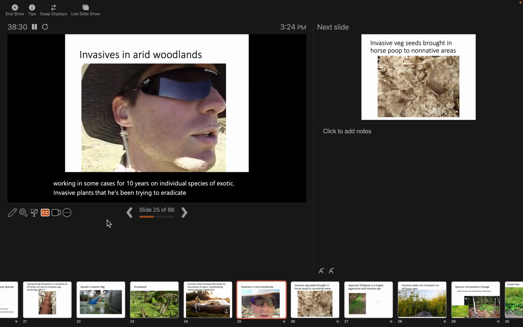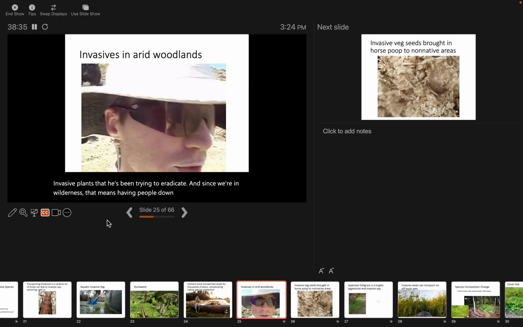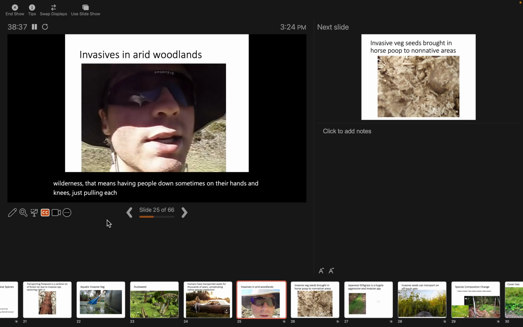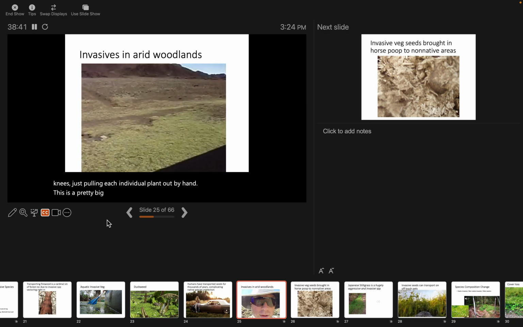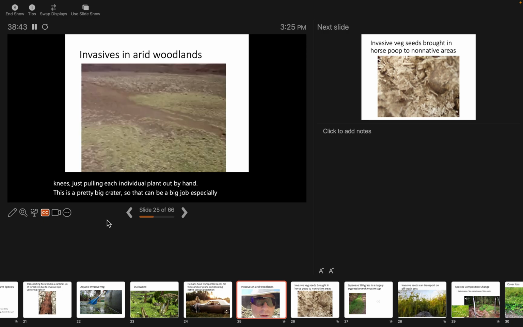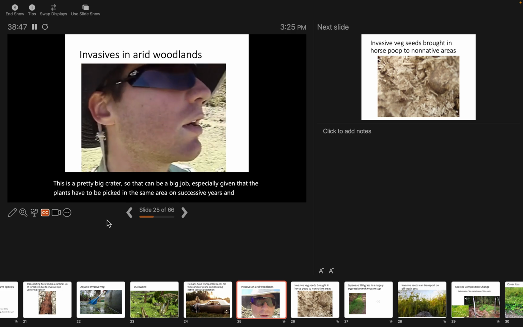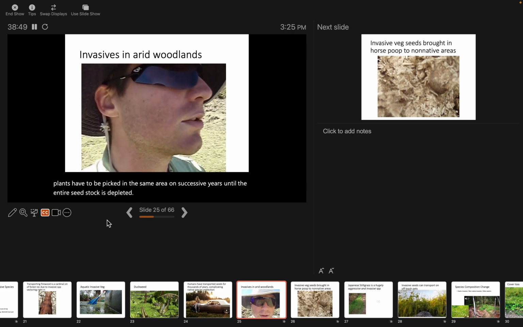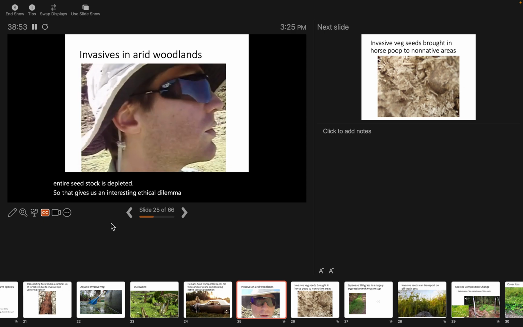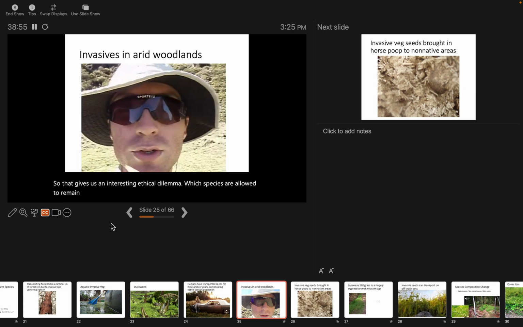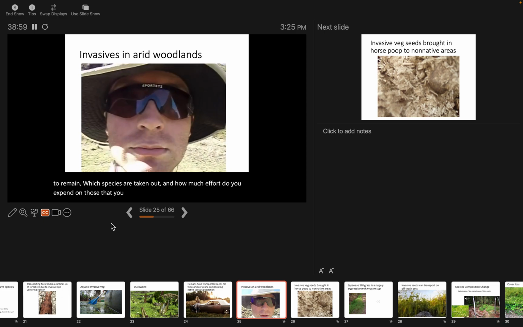And since we're in wilderness, that means having people down sometimes on their hands and knees just pulling each individual plant out by hand. And this is a pretty big crater, so that can be a big job, especially given that the plants have to be picked in the same area on successive years until the entire seed stock is depleted. So, that gives us an interesting ethical dilemma. Which species are allowed to remain? Which species are taken out? And how much effort do you expend on those that you take out?